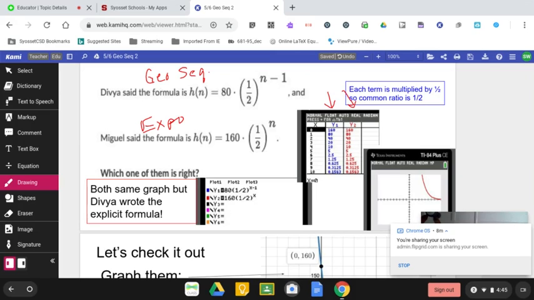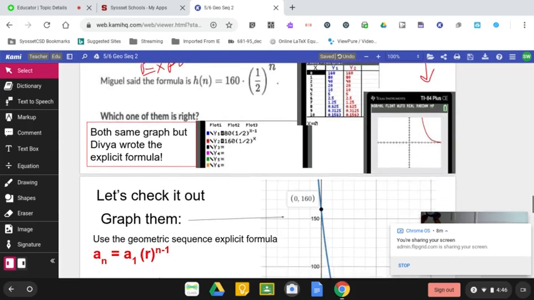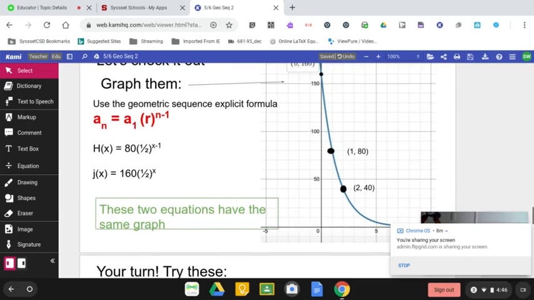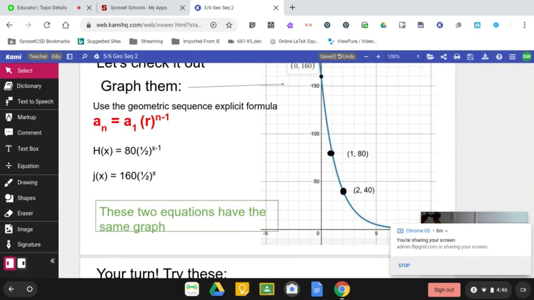Okay? So these are exactly the same function. If you graph them on your calculator, they are exactly the same curve. The only difference is the geometric sequence would be the dots, discrete. To prove they're the same function, type them into your calculator and check out the tables. If you look at the graph, I typed them on Desmos, they both are exactly the same graph.